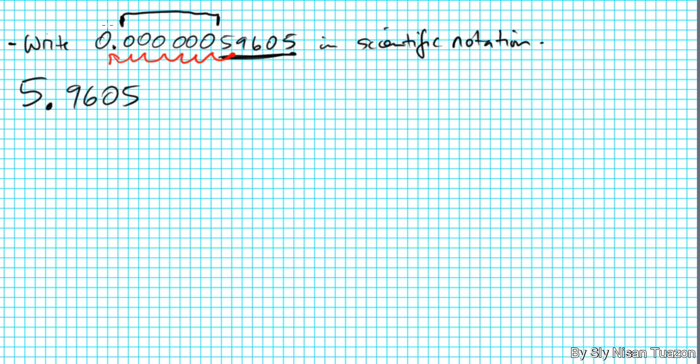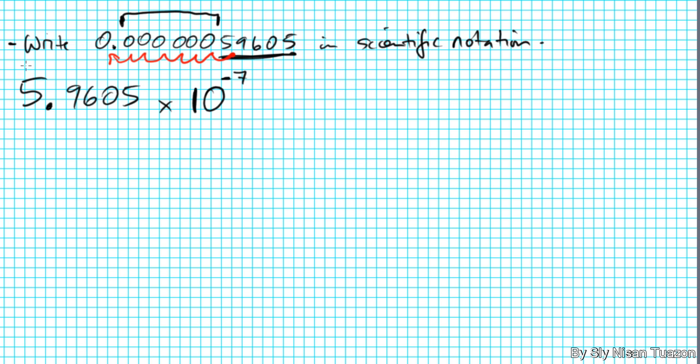So the power is negative 7 this time, because it jumped to the left hand side. It got smaller.